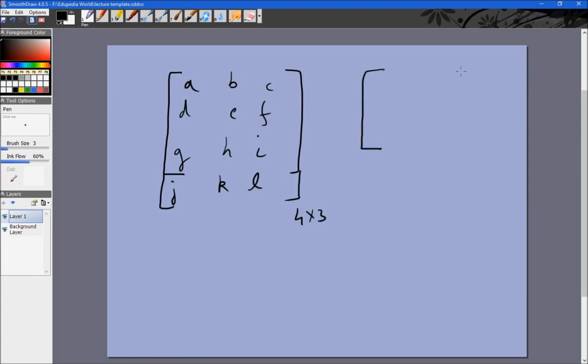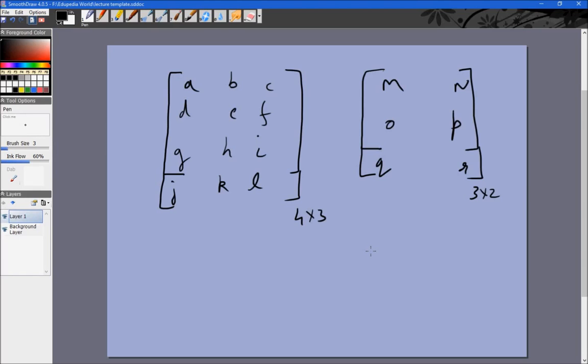Can you multiply it to a 2 cross 2 matrix? M, N, O, P. No, you cannot. Because if this has 3 columns, this has to have at least 3 rows. Q, R. Now this is a 3 cross 2 matrix, and you can multiply them. A 4 cross 3 matrix multiplied by a 3 cross 2 matrix.